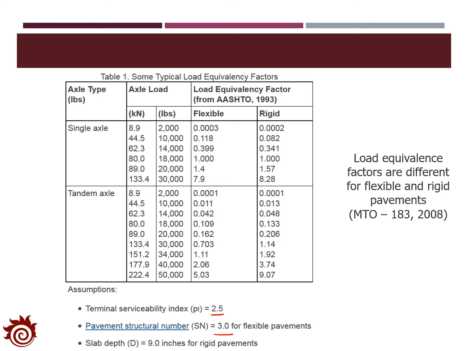For the rigid pavement, the thickness is set as 9 inches. Basically, when you find the load is higher than the standard axle load, 80 kN, you will observe that the load equivalency factor for the rigid pavement will be higher than those applied for the flexible pavement.